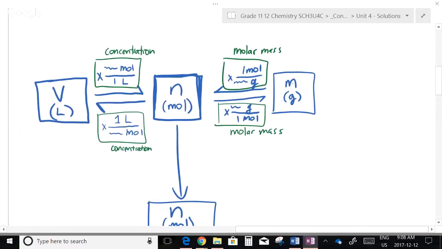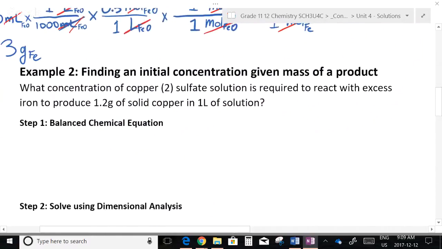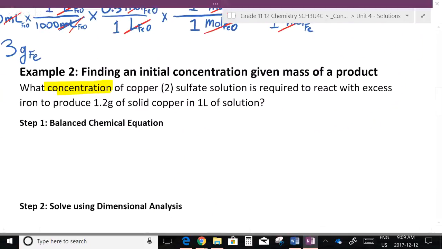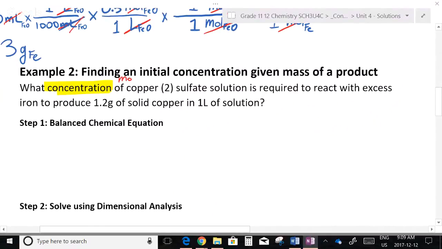When you go to start, remember that you can go from mass to moles and so on. Your final answer for this is going to be a concentration, which is going to be in moles per liter, right? Now, the nice thing is you have one of those 2 numbers already.